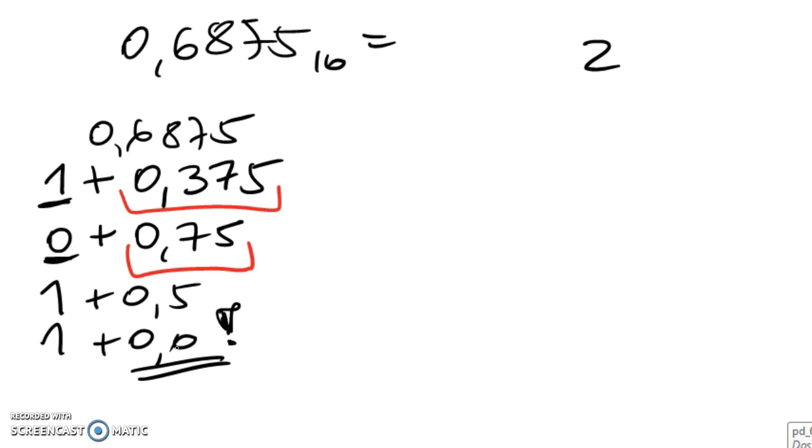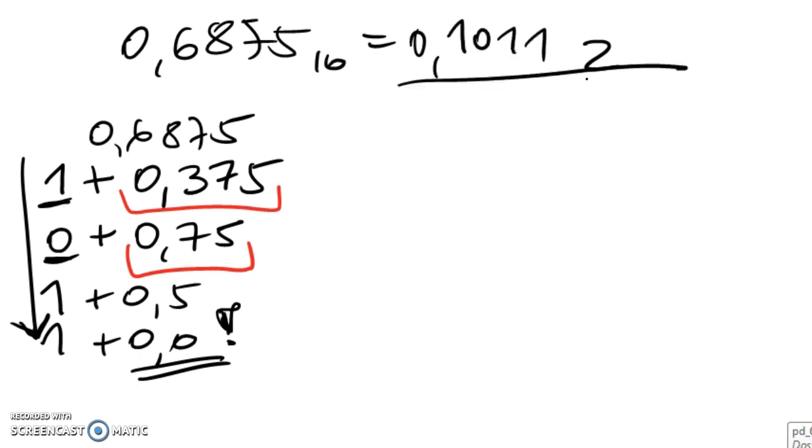If you get 0.0 in the fractional part, you stop the algorithm, and you write the result not in the opposite order as in the integer numbers, but in consecutive order, starting from the first. So 0.1011, that's the result.